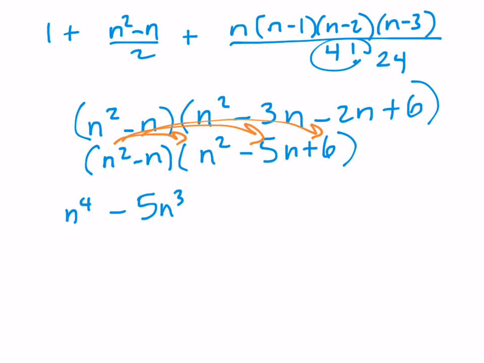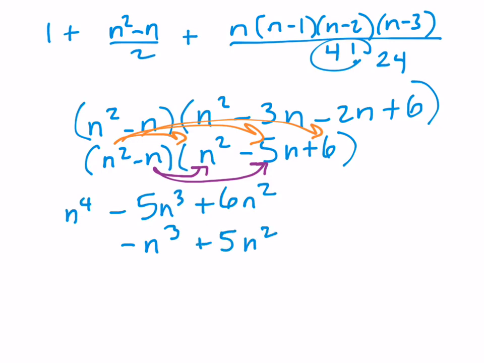And then n squared times 6 is plus 6n squared. And then we go back and do this negative n and distribute that. So we would have negative n times n squared is negative n cubed, and then negative n times negative 5n is positive 5n squared, and then finally negative n times 6 would be negative 6n.